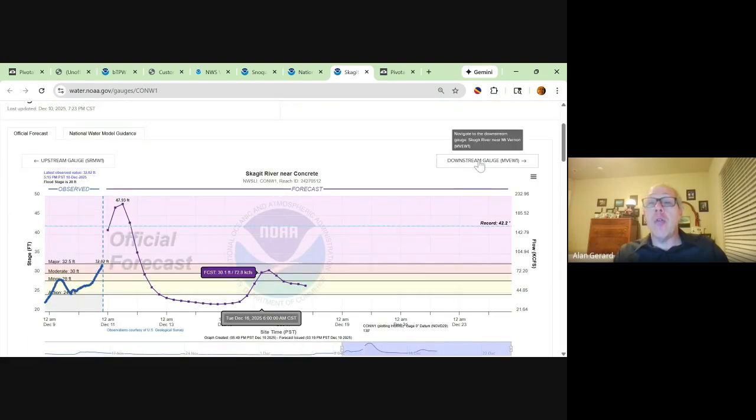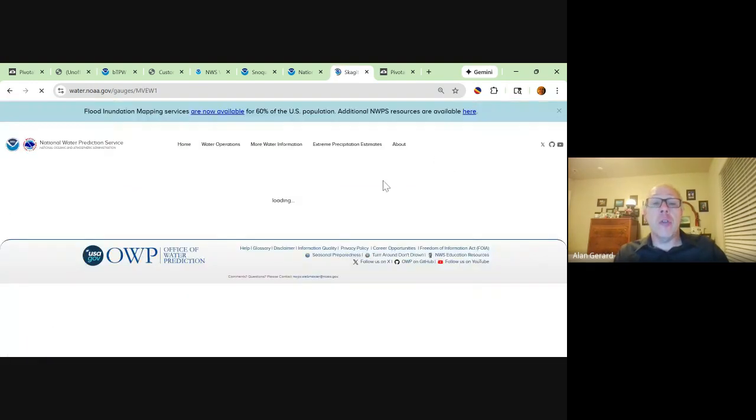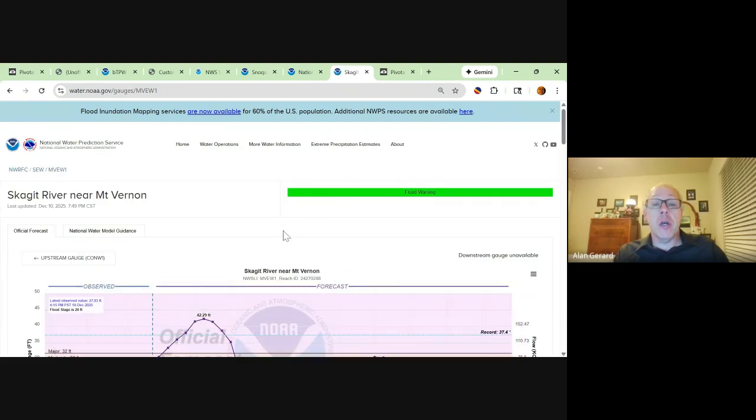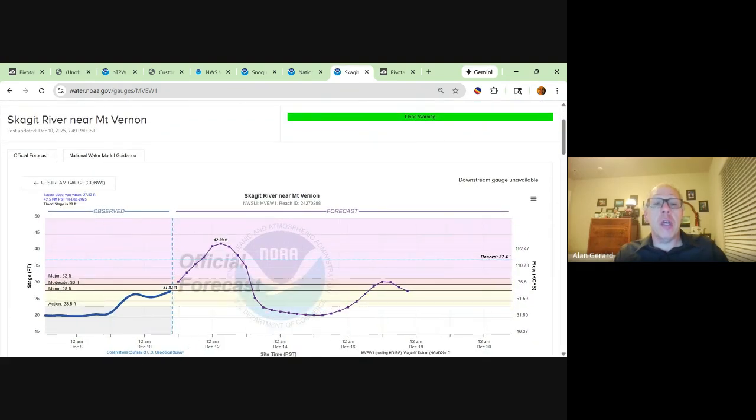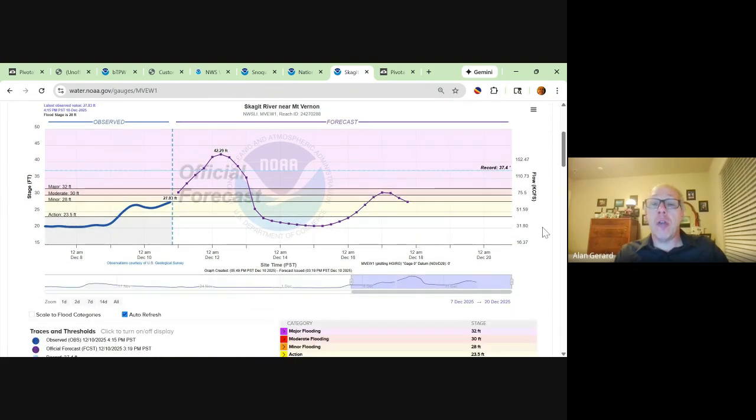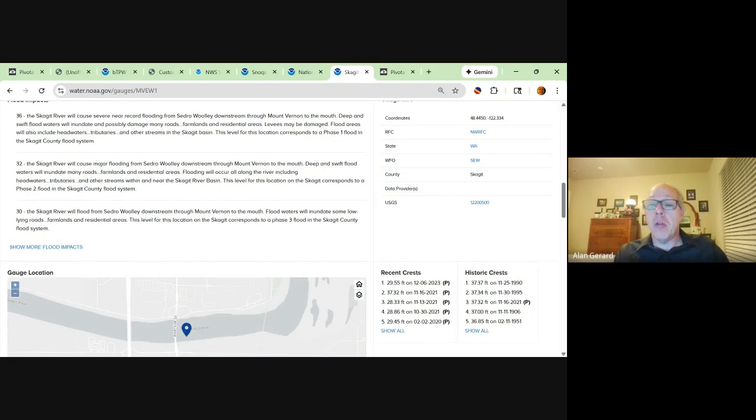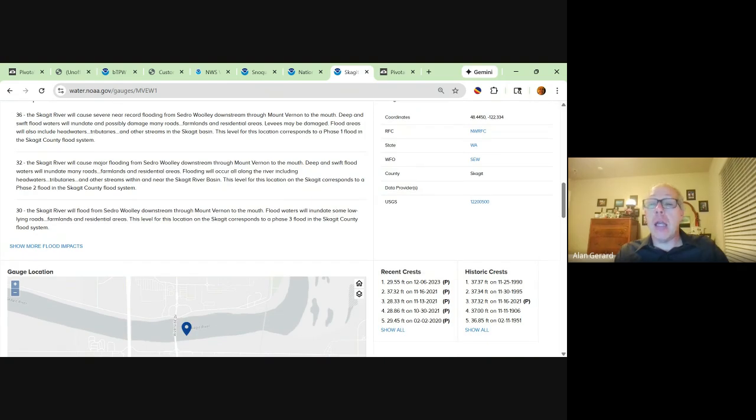If we go to the downstream gauge on the Skagit, which is Mount Vernon, you can see here again, it's showing about 5 feet above the record crest here. The record here was set in 1990, but again, records go back into the early 1900s at least.